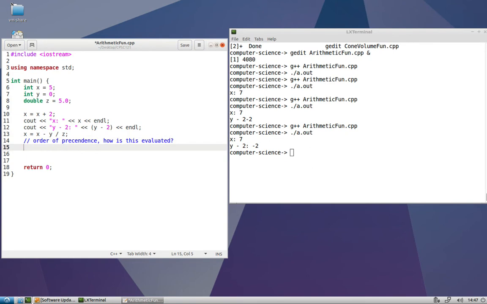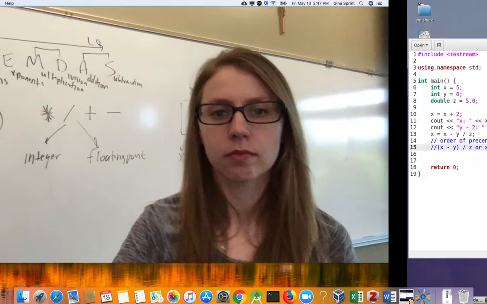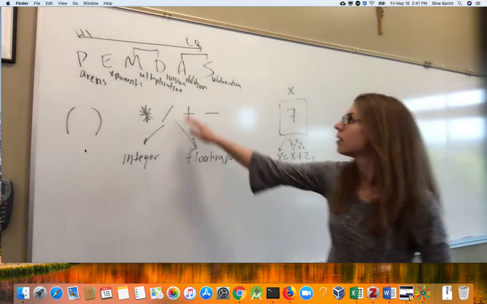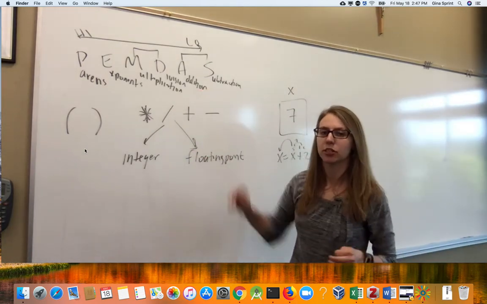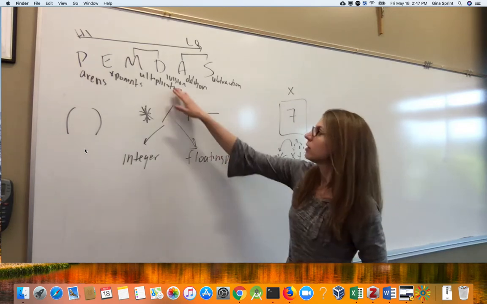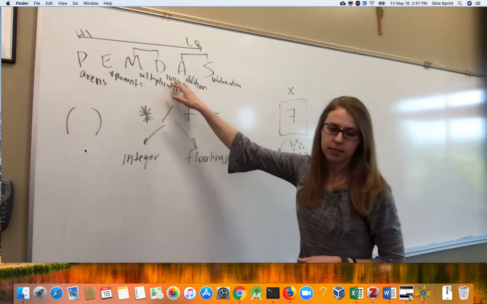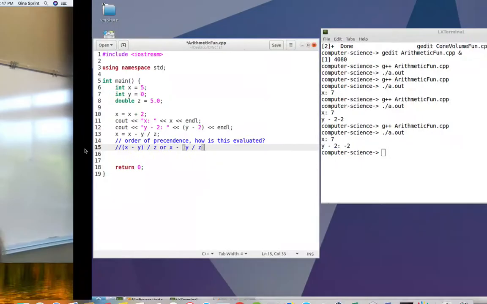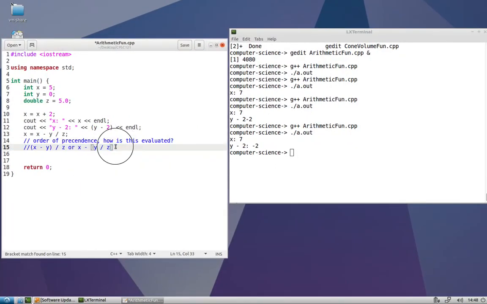It could be x minus y evaluated first, divided by z, or x minus y divided by z, where the y divided by z occurs first. So you can always review PEMDAS to help answer this question. Since division is at a higher precedence than subtraction, it will actually be performed in the latter configuration, this one.